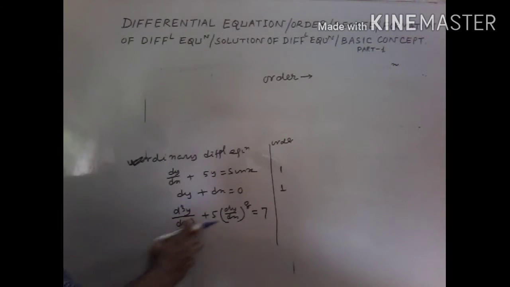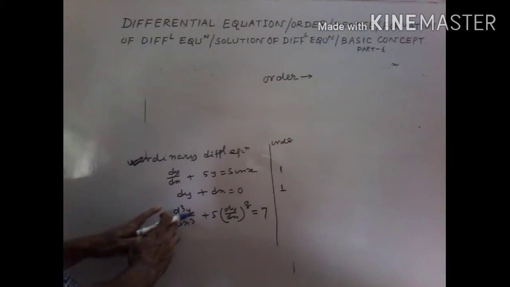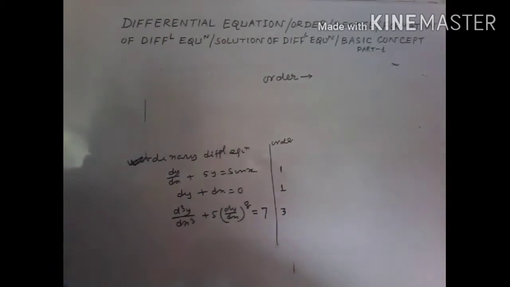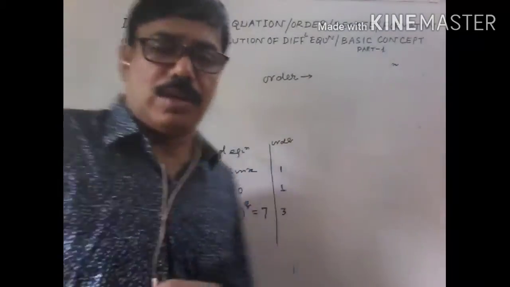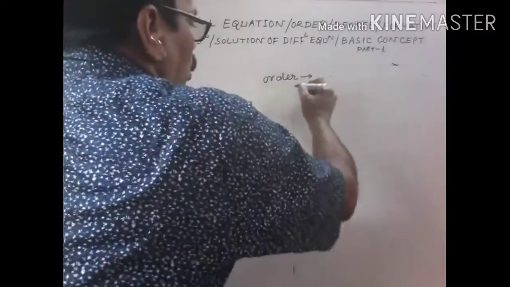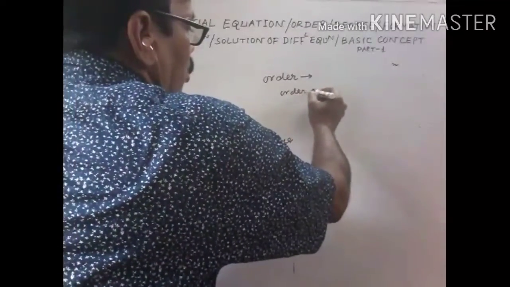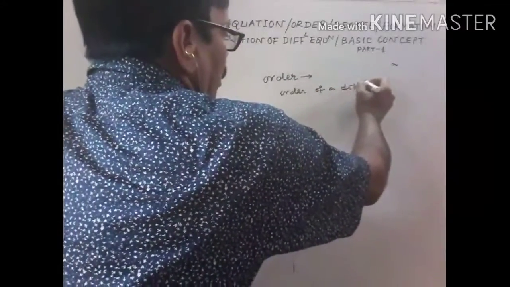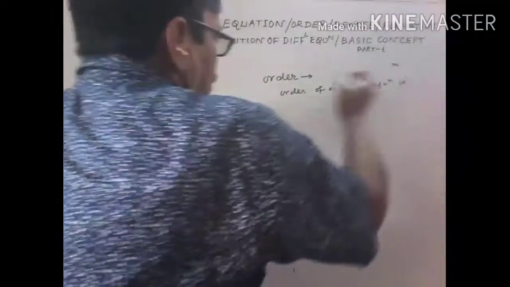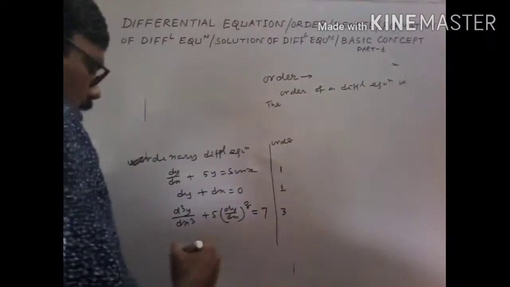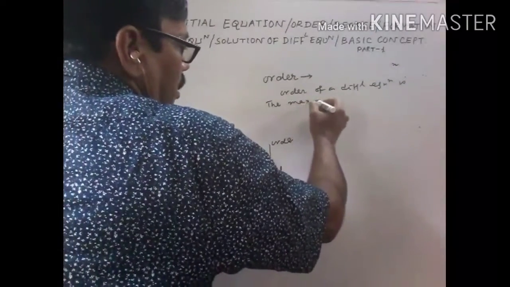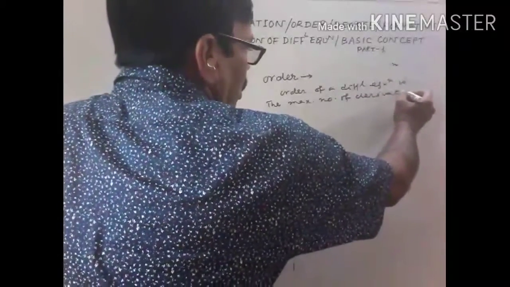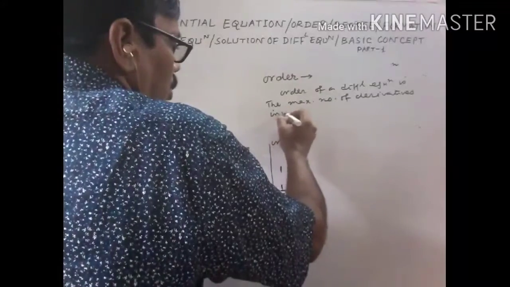This is a third order derivative, and this is a first order derivative. So the maximum order of derivative is called the order. Order is very simple. So what is the order of a differential equation? The order of a differential equation is the maximum number of derivatives involved in the equation.